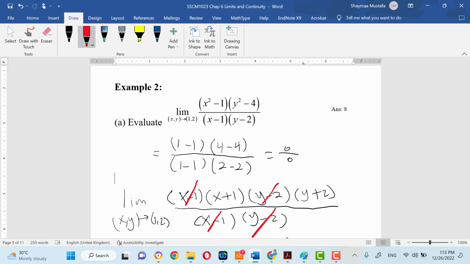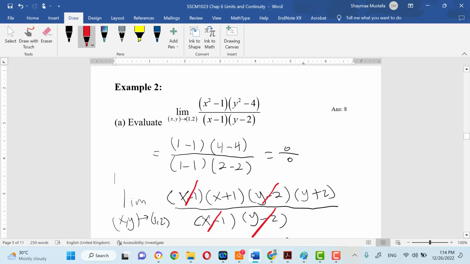So first, we can consider that sometimes we have a common factor between the denominator and numerator. x² − 1 can be factored into (x − 1) and (x + 1), and y² − 4 into (y − 2) multiplied by (y + 2). Now the common factors eliminate each other: x − 1 on top with x − 1 below, and y − 2 on top with y − 2 below.